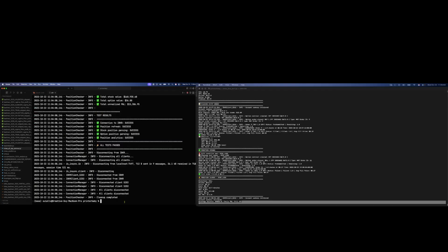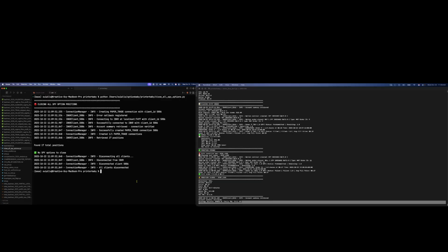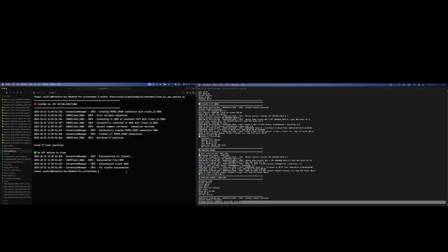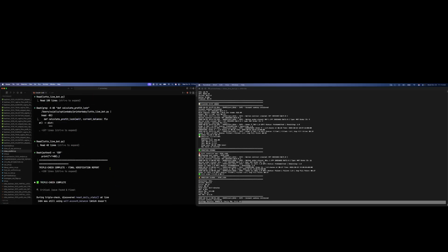And then what I want to do is just close. Perfect. So it's going to get, okay, so there's no SPY options to close. Let me just make sure. All right, no spreads. Okay, so that was for our spread.